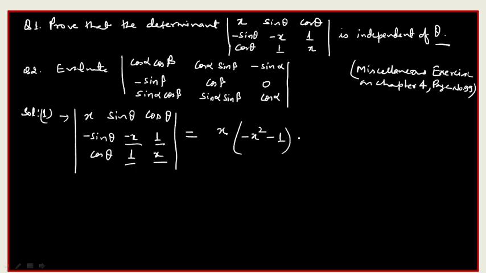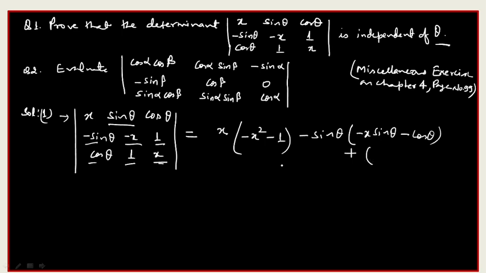Now the next one, minus sine theta. With this we are going to evaluate: we take this element and this element. So it becomes minus x sine theta, and this cos theta and 1, so minus cos theta. Plus.